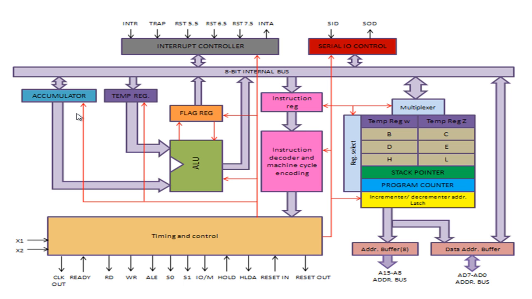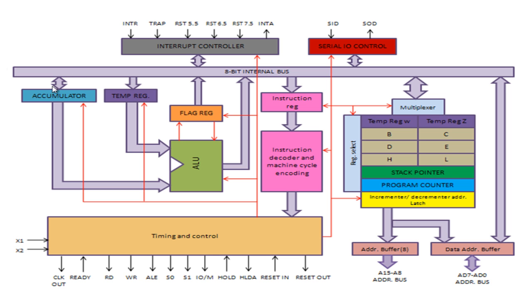We have to store different types of data or final results, but sometimes we require the accumulator. The accumulator is required in some functions like addition and subtraction. For these two operations the accumulator must be there.